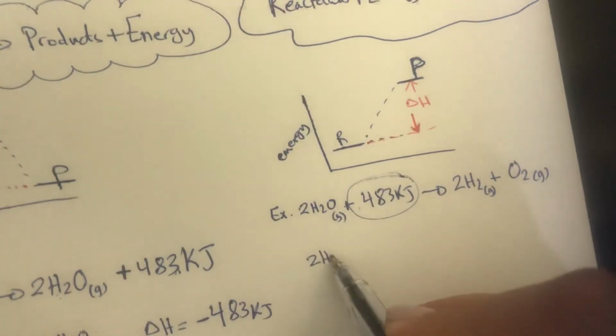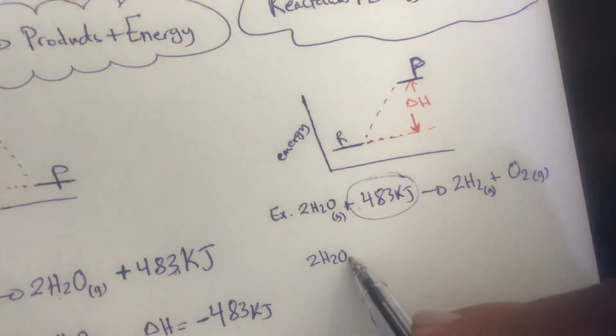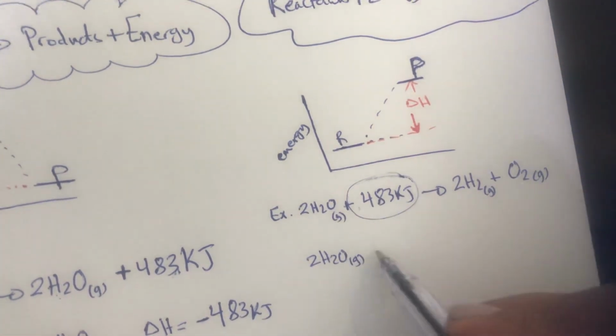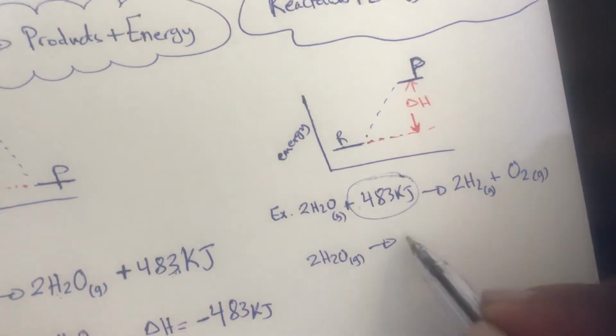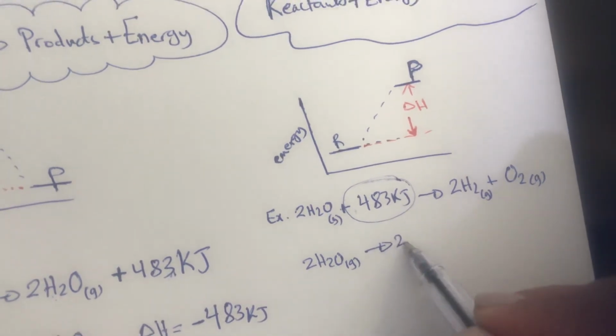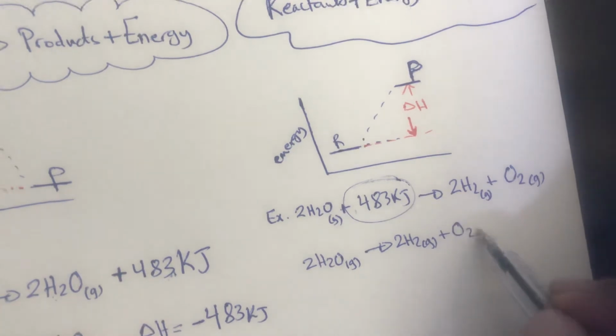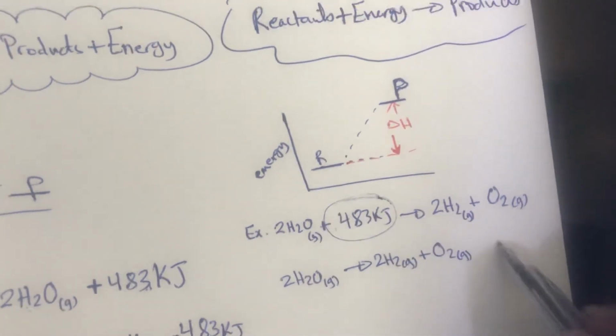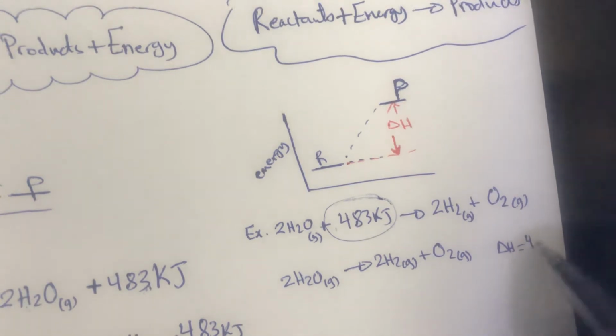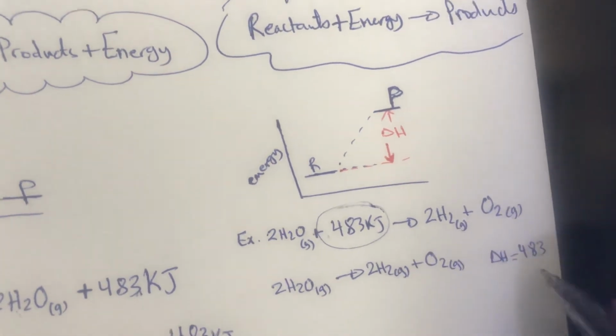2 mole of water just decomposed to 2 mole of hydrogen gas plus 1 mole of oxygen. So delta H equals 483 kilojoule.